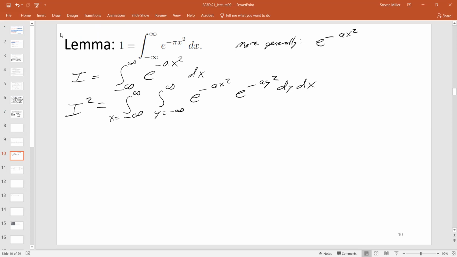I can do this. What I can't do is use the same dummy variable twice. I have to use a different dummy variable. All right, so this is the same as the integral x from -infinity to infinity, y from -infinity to infinity, e to the negative a (x squared plus y squared). I'll write it as dx dy. I can shift the order of integration.